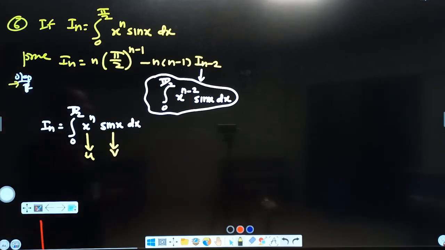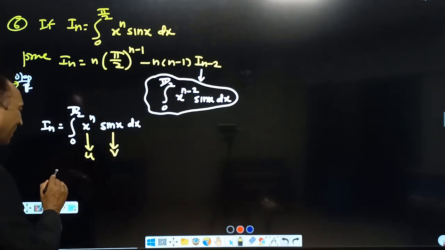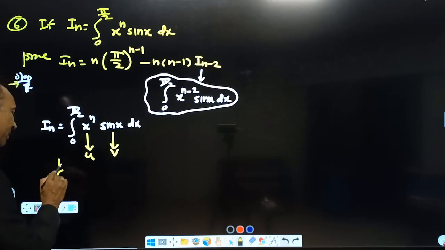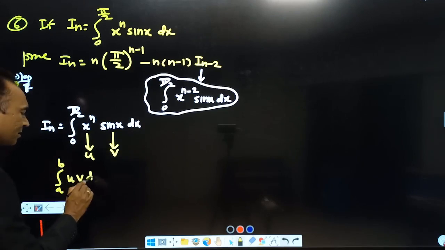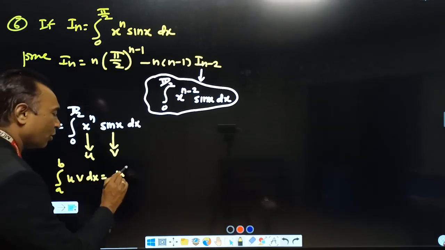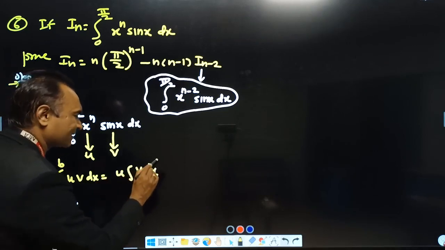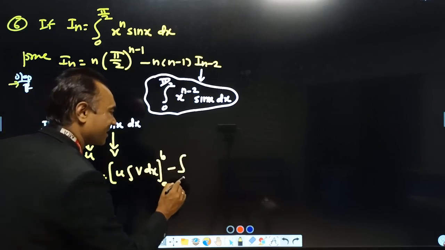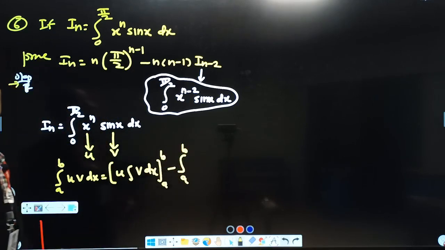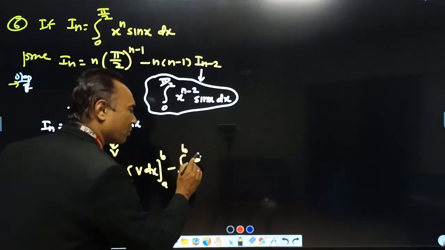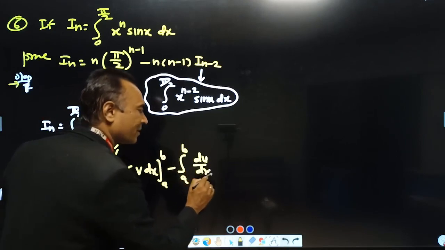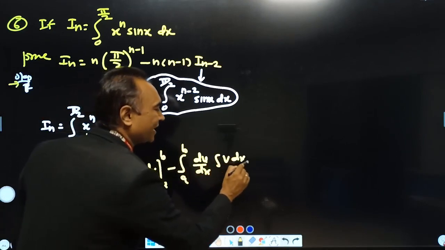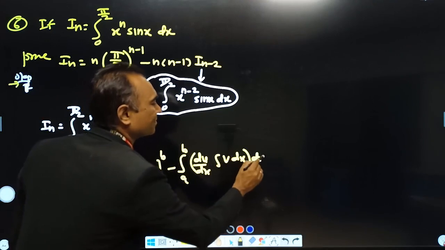So the by parts formula is: integral from a to b of uv dx equals u times the integration of v dx, range a to b, minus the integral from a to b of the derivative of u and the integration of v dx, total dx.